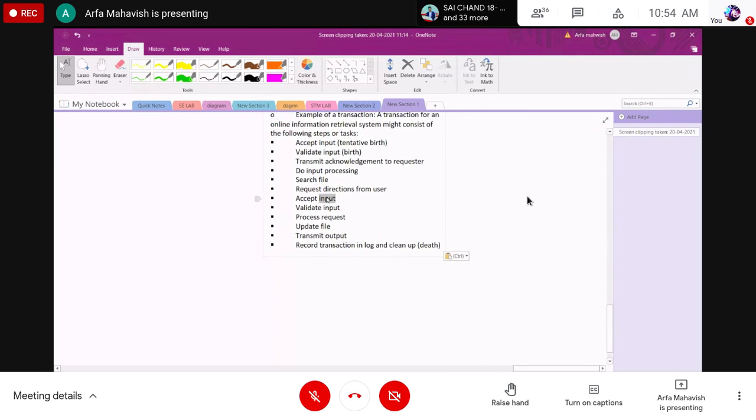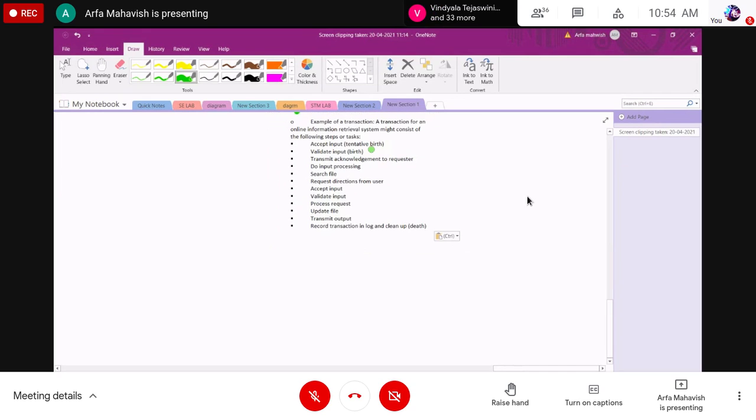So look at this, guys. This is an example of transaction flow for online information. Look at what tasks and steps it is performing: accepting the inputs, validating input, and updating.